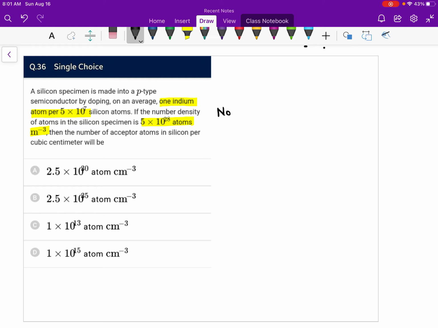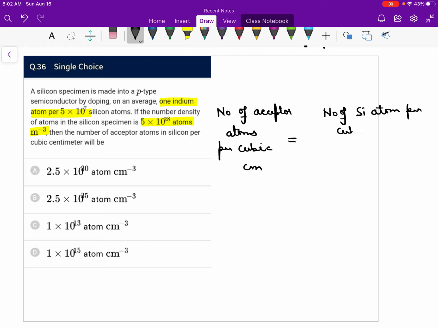So the number of acceptor atoms per cubic centimeter is the number of silicon atoms per cubic centimeter upon the number of silicon atoms per indium atom.